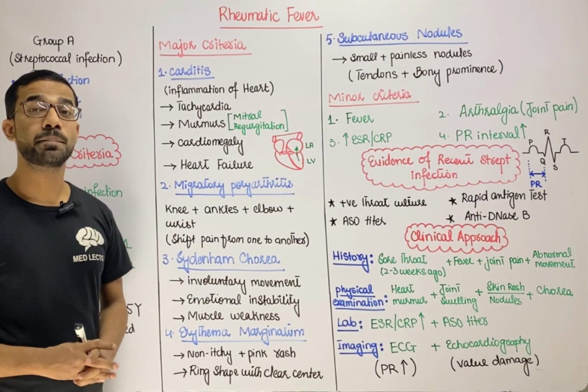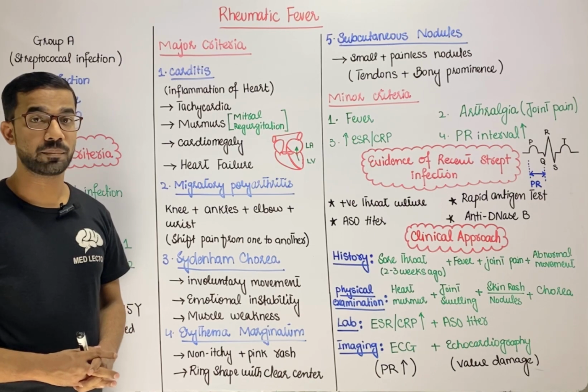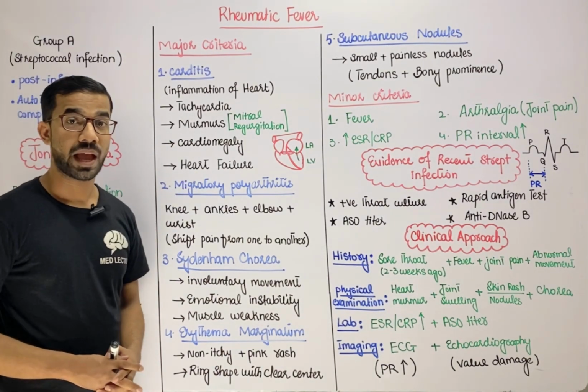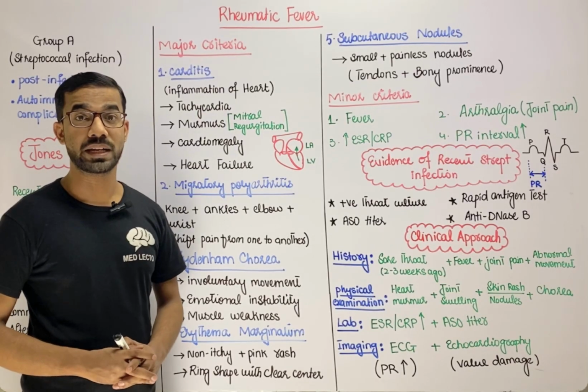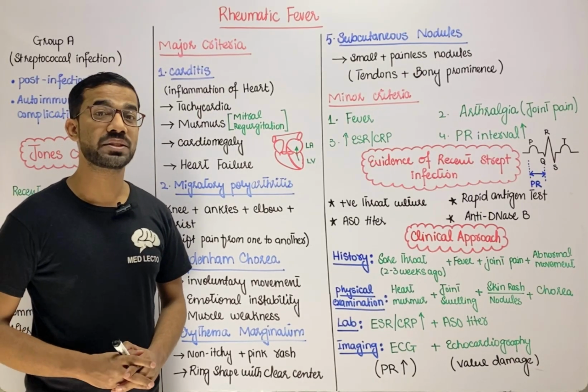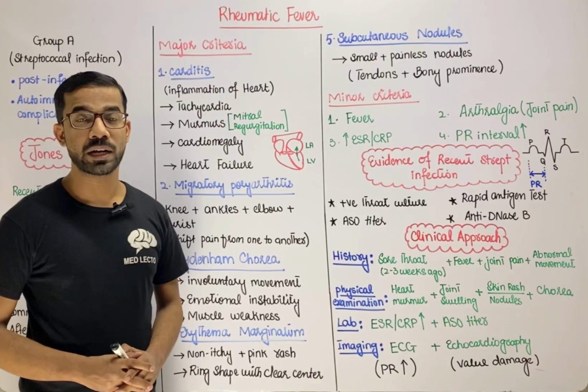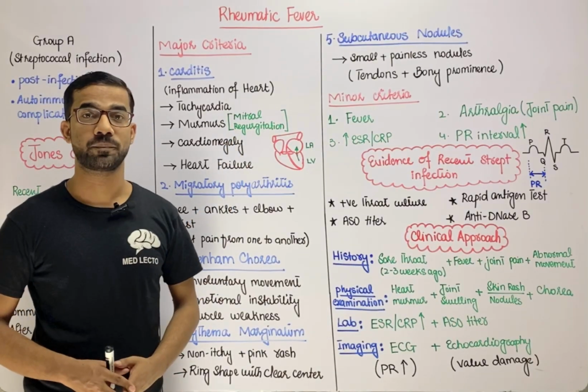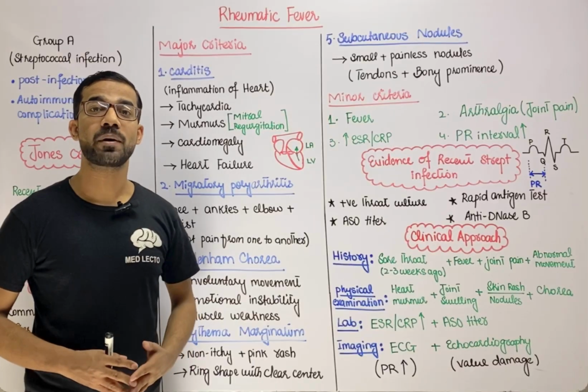This is the important thing regarding inflammation of the heart. You can also see murmurs, an abnormal heart sound you can listen to, and most specifically, what type of murmur will you see in that case? That will be mitral regurgitation. Why does this murmur happen?